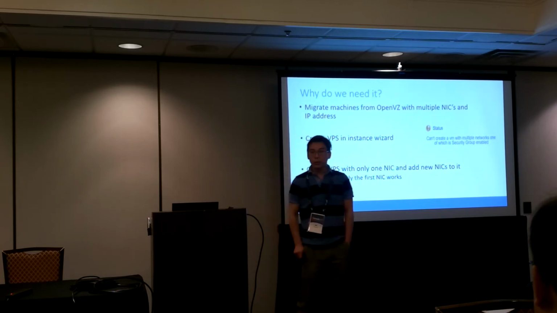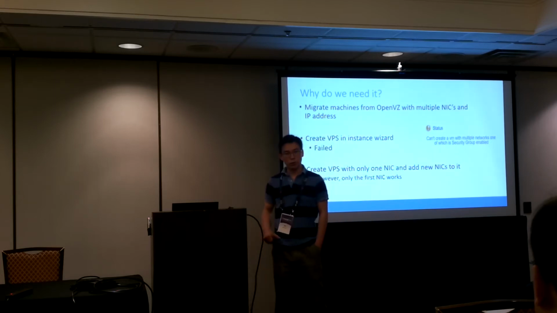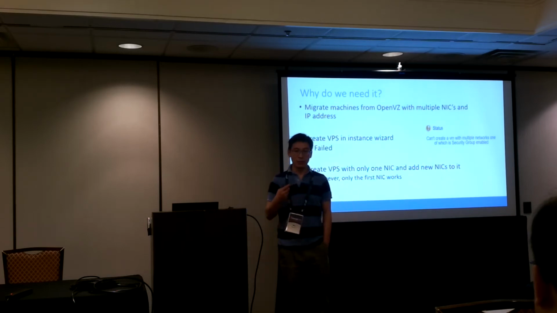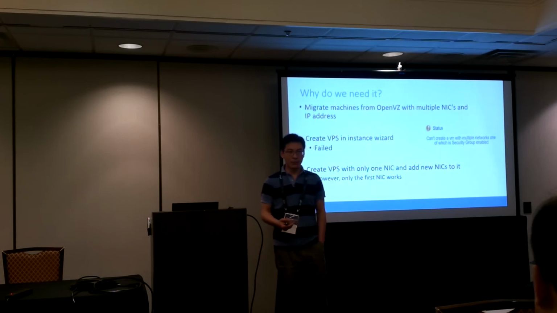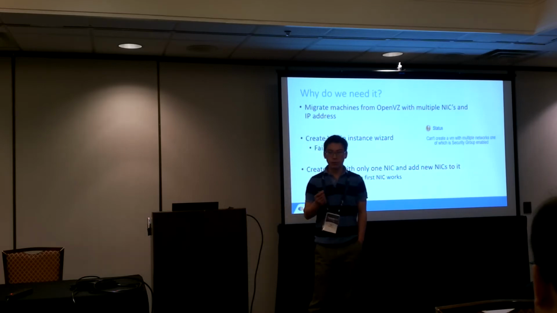So we tried to solve the problem in another way. We first created a virtual machine with only one NIC, and then added some other NICs to the VPS, and the operation succeeds. However, only the first NIC works, so only the IP on the first NIC is reachable.